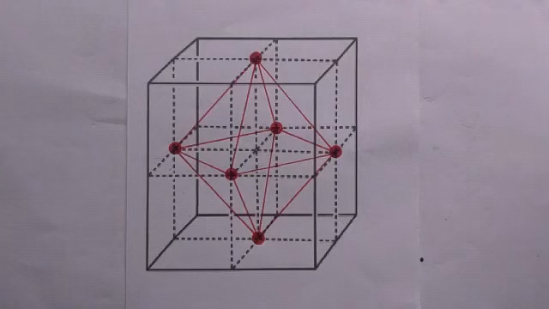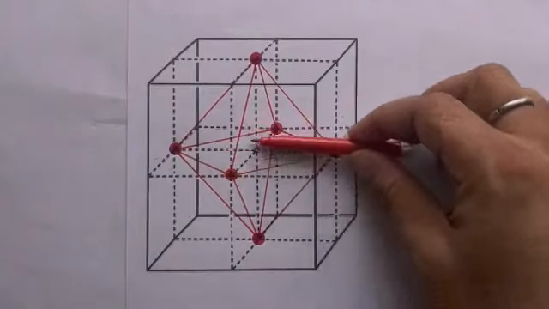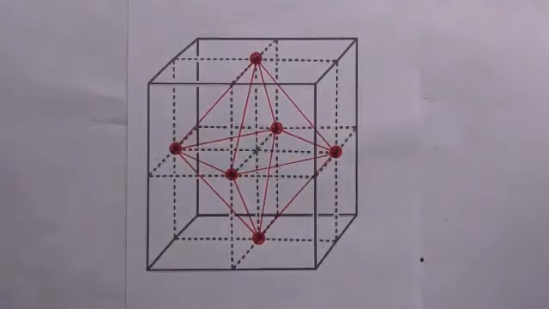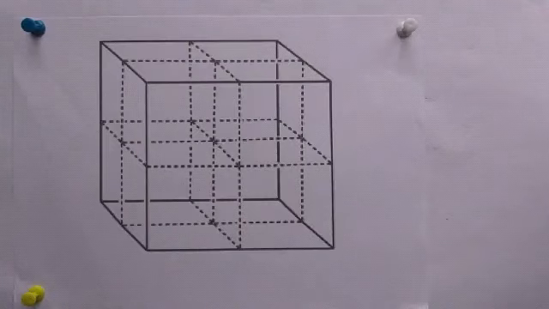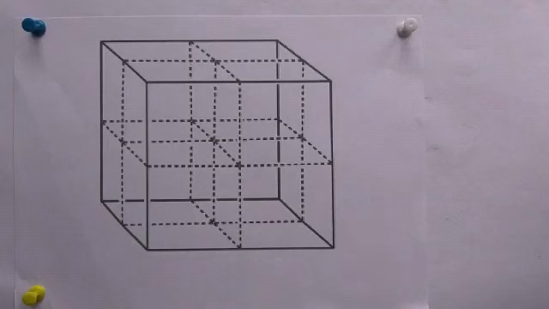Thus, this unit cell has one octahedral void at the body center of the cube. Besides the body center, there is one octahedral void at the center of each of the 12 edges.